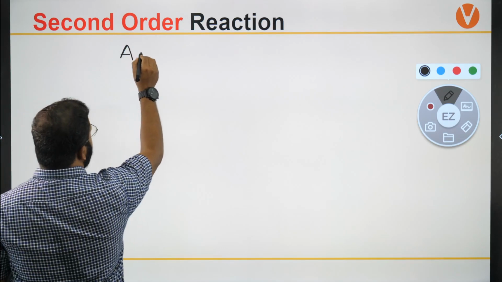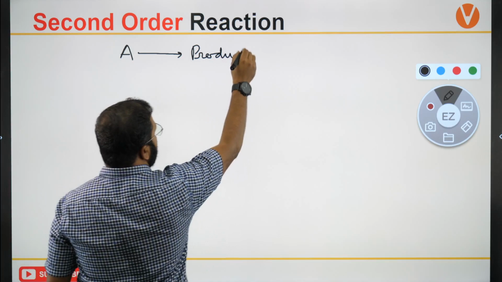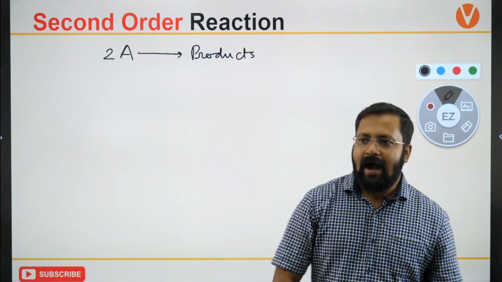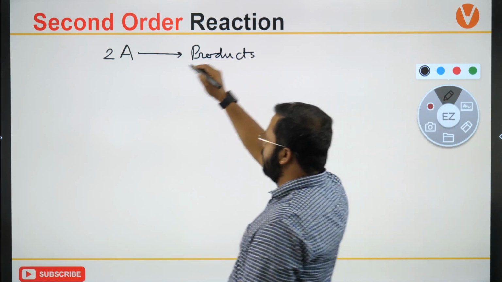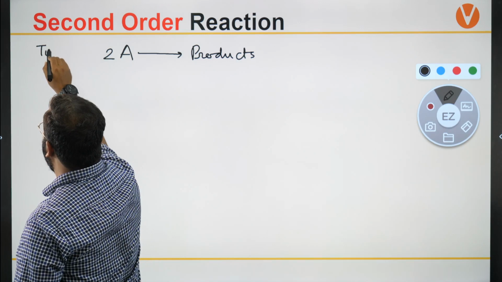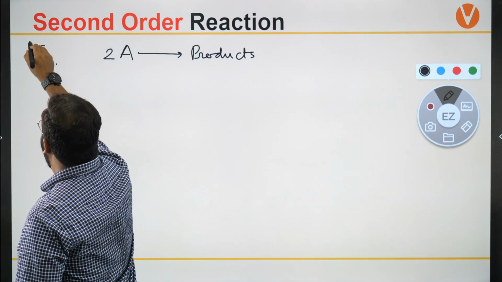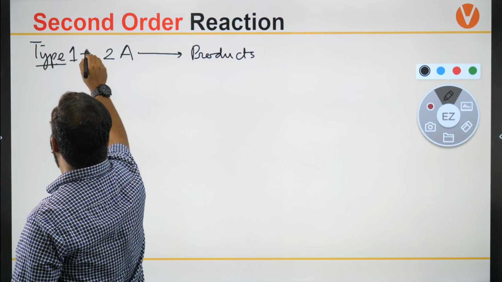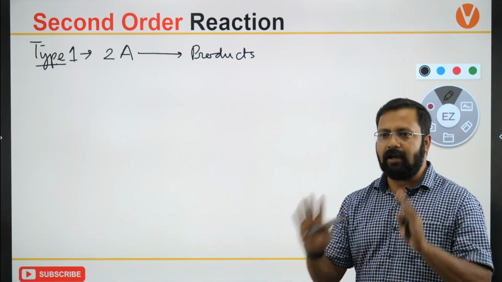I can have a second order reaction which looks like this. Can I write it? I can have a second order reaction which is like this. So this is type 1. So can I say that there is a second order reaction which will look like this?